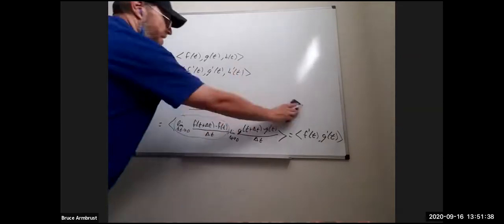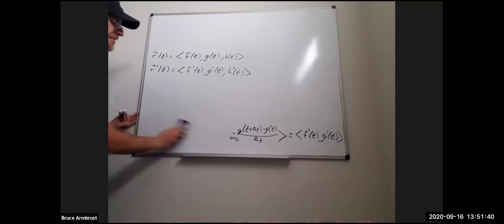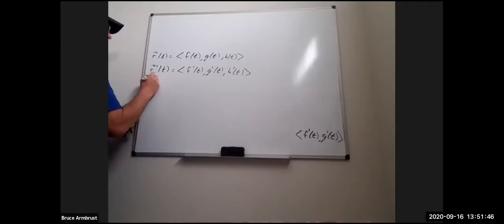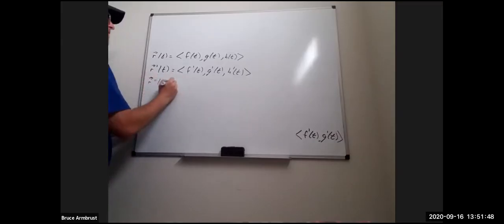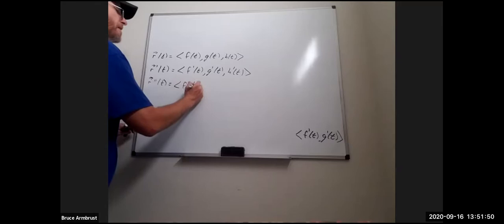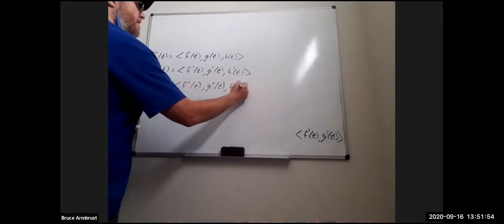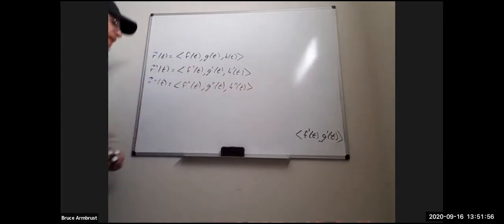So what do you think you do to get a second derivative of a vector valued function? Same thing. It's just second derivatives and so on. So the second derivative will just be f double prime, g double prime, h double prime. And if for some reason you want more than a second derivative, just keep doing the same thing.